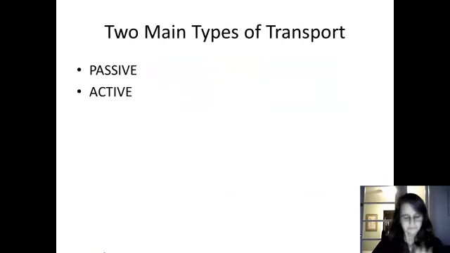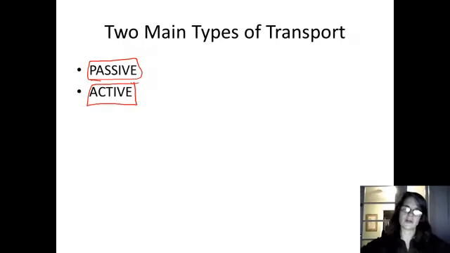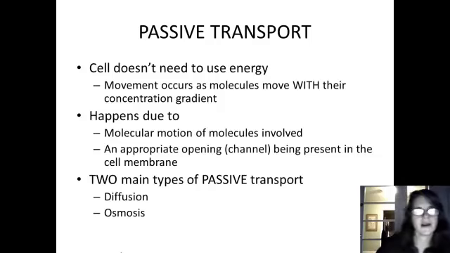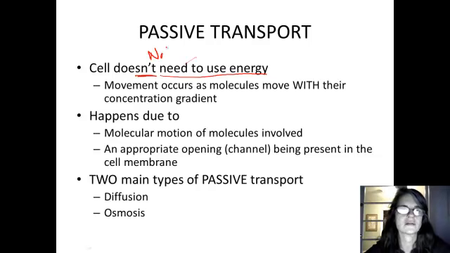Now, in general, there are two main types of transport. One of them is passive and one of them is active. This is broad overarching categories. We are going to talk about passive transport first. All right? In passive transport, the cell does not need to use its own energy to do anything.